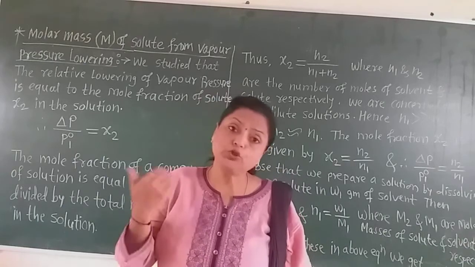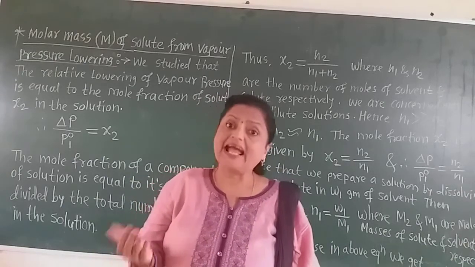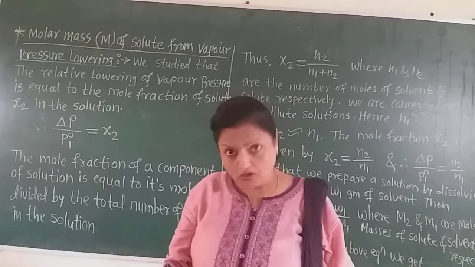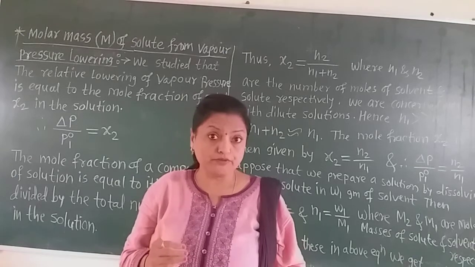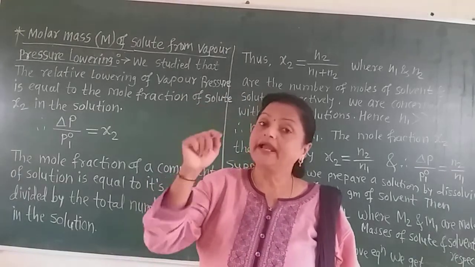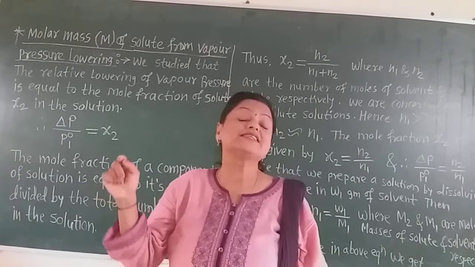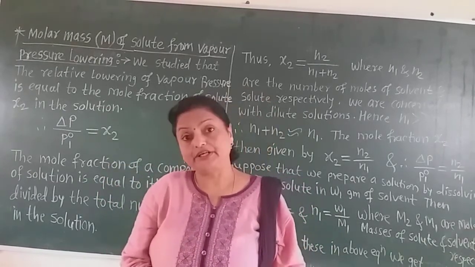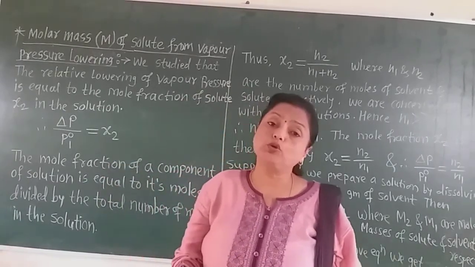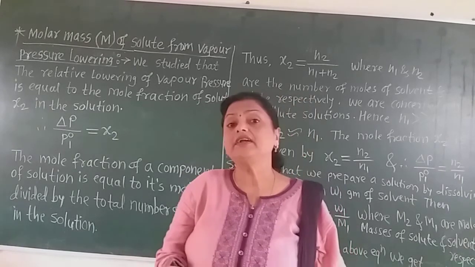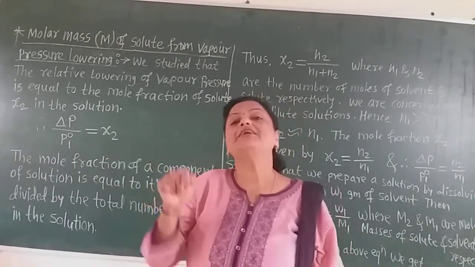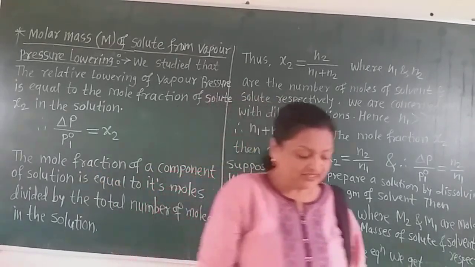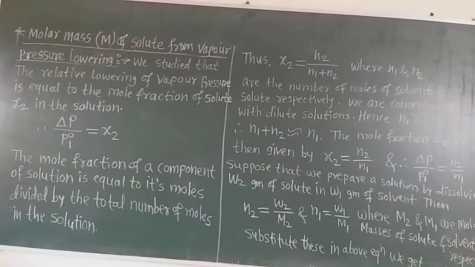Suppose N2 is the number of moles of the solute and N1 is the number of moles of the solvent, then X2, the mole fraction of the solute, is equal to N2 divided by N1 plus N2. Similarly, the mole fraction of the solvent, X1, is equal to N1 divided by N1 plus N2. Now, we learned this in the 10th standard also.